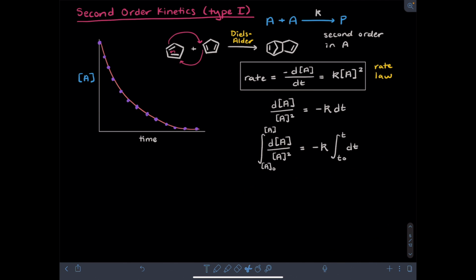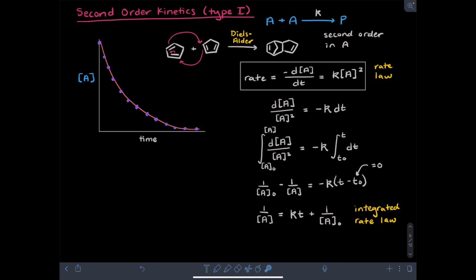You'll integrate both sides. When you do this integration for your d concentration of A divided by the concentration of A squared, you get 1 over A0 minus 1 over A. This is equal to negative k times t minus t0.